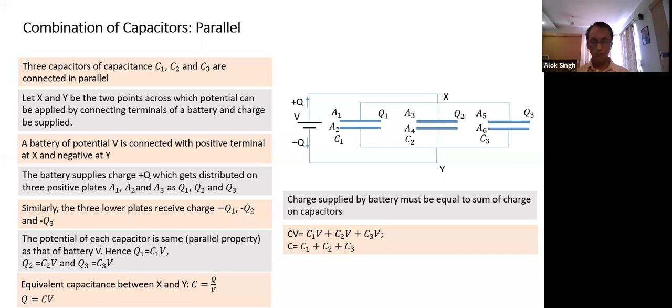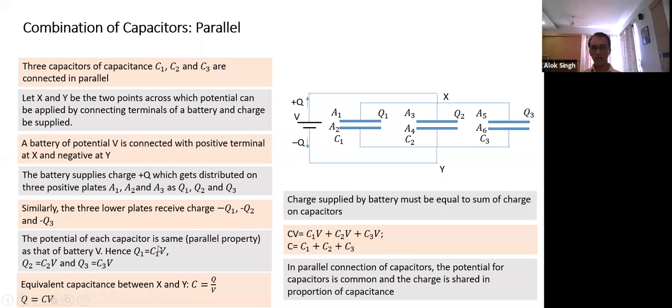In case of series, potential was shared and charge was common. Here potential is common and charge is shared. In which proportion is the charge shared? Charge is equal to C1 into V. V is the same, so charge is proportional to capacitance. Charge is shared in proportion of capacitance. So in parallel connection of capacitors, the potential of all is common and charge is shared out in proportion of capacitance. These are the 2 key points in terms of parallel connection and series connection.